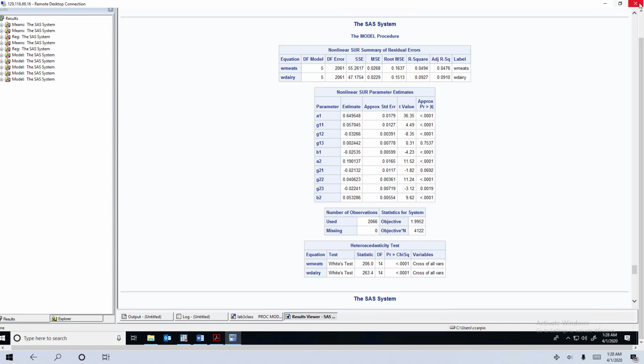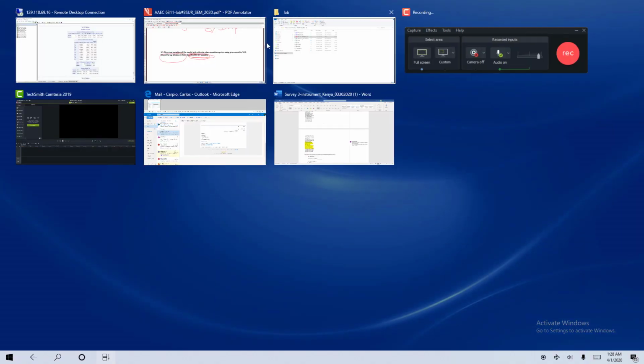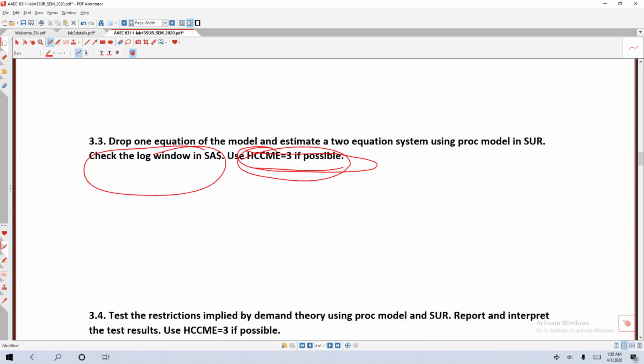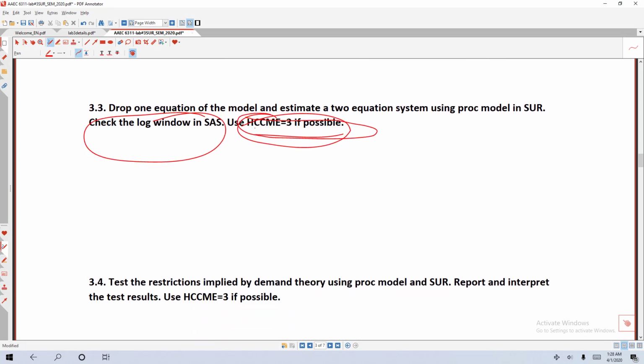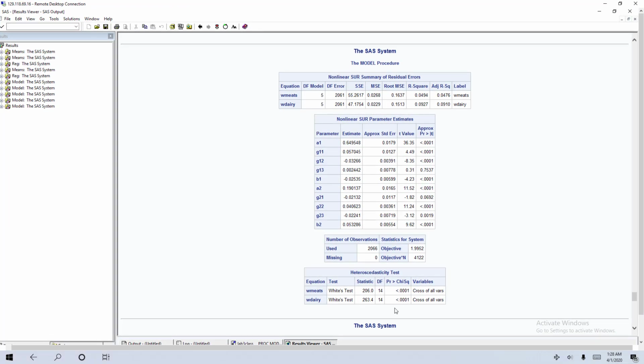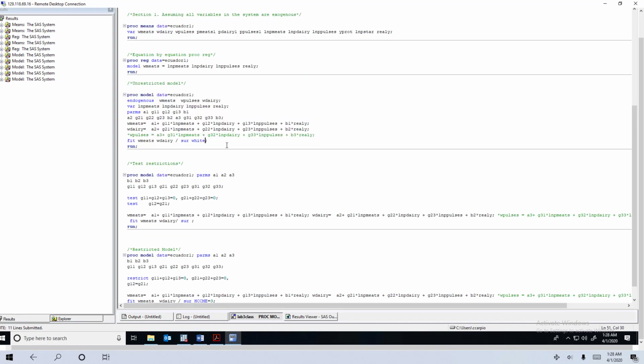Okay, so where are we in terms of the lab? Let me see. Okay, so we estimated, we found evidence of heteroscedasticity. Well, let's see if it's possible to use HCCME equal to 3, which is the variant of the heteroscedasticity consistent covariance matrix. So now we already estimated that. HCCME equal to 3.